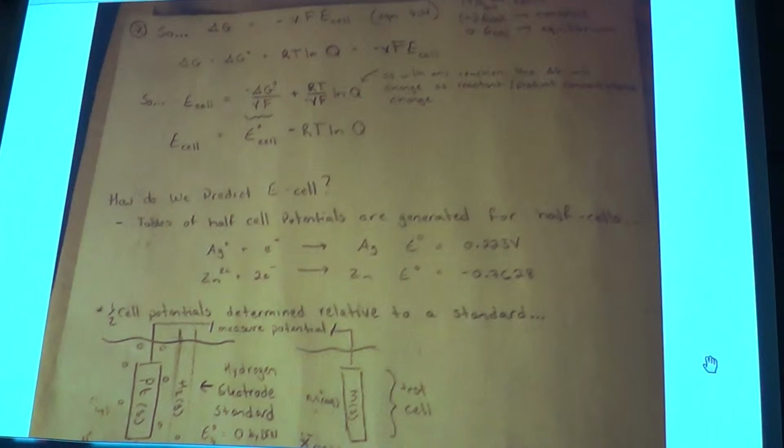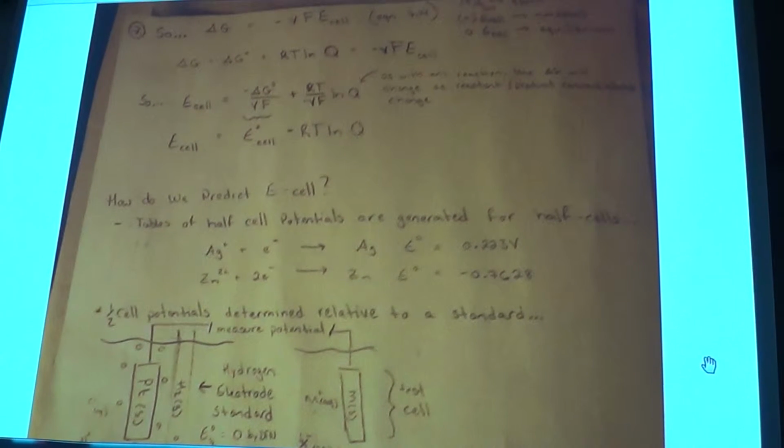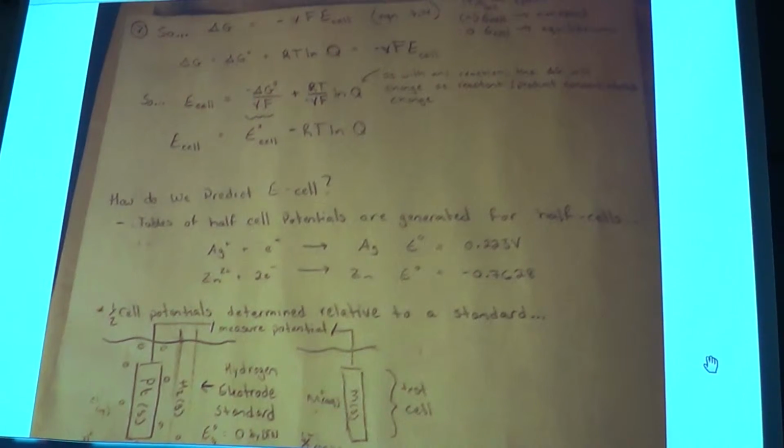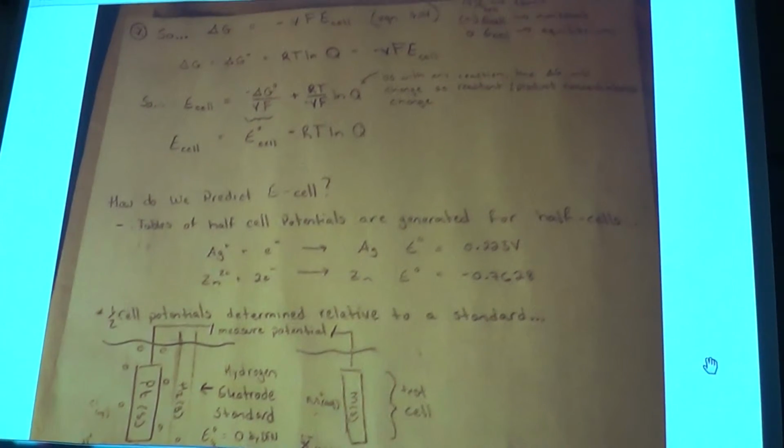This automatically makes us start thinking about the different manipulations that we've been doing with delta G. We know that delta G, at some non-standard state, is delta G naught plus RT ln Q. So we can plug that equation in and set it equal to negative VF times the E of the cell. Dividing through by VF, we get this term up here.